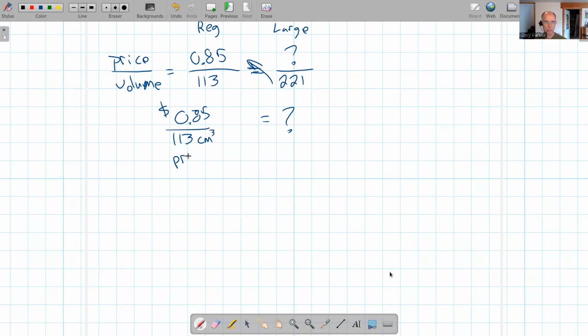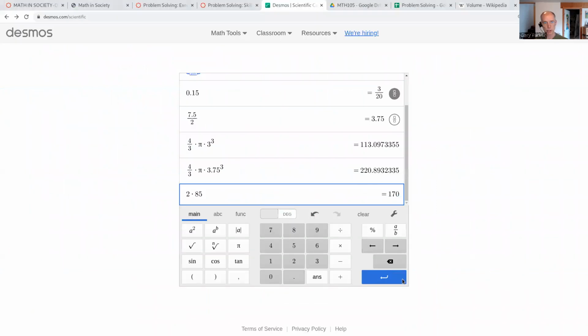Right, so price per volume times the 221. All right, whip it out in a calculator. That'll give me a better estimate of what the big one ought to cost to be a fair price.